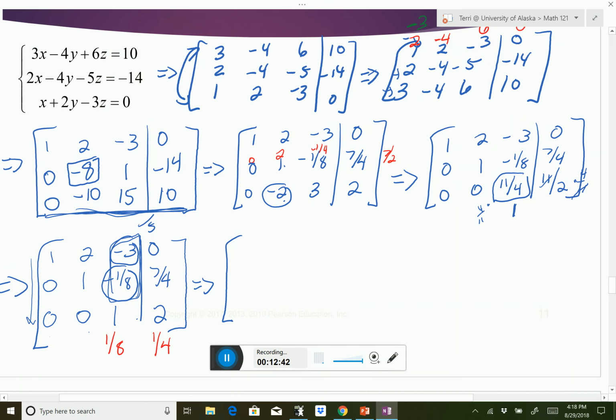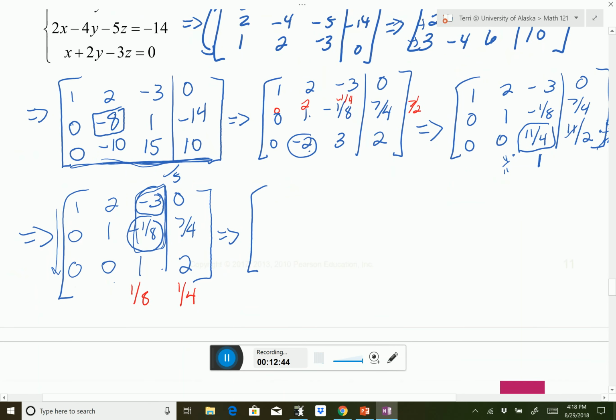All right. So I'm going to keep the bottom row now the same, because we're working from the bottom up now. So 0 plus 0 is still 0. 0 plus 1 is still 1. 1/8 minus 1/8 is 0. 1/4 plus 7/4 is 8/4, and 8/4 is 2.